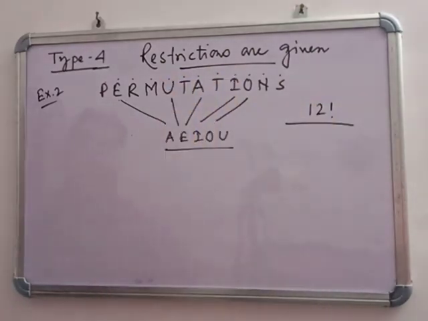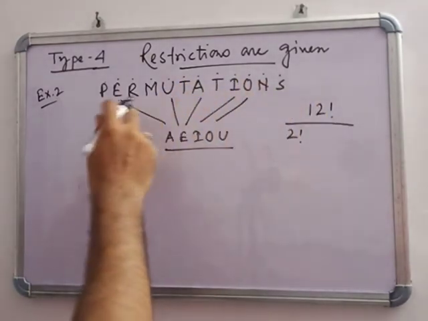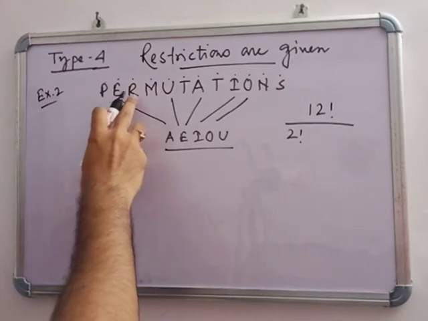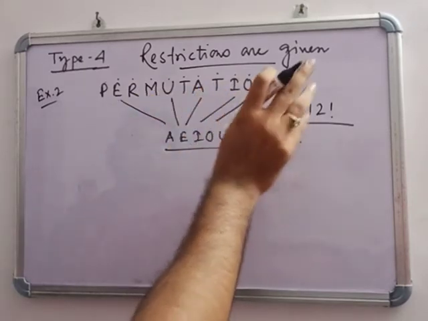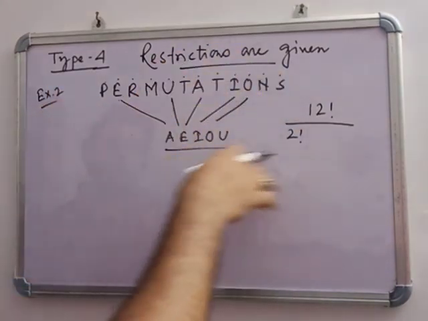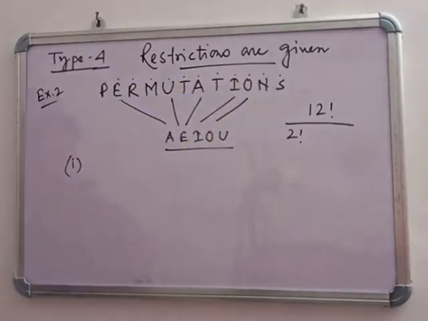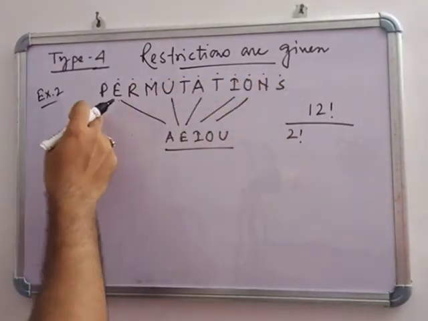But two T's are there, see that, while E is 1 and M is 1, only 2 repeated. That means 12 factorial by 2 factorial is the answer for the possible combinations of this word. Now, if P and N are fixed in the first and last, then how many combinations are there?